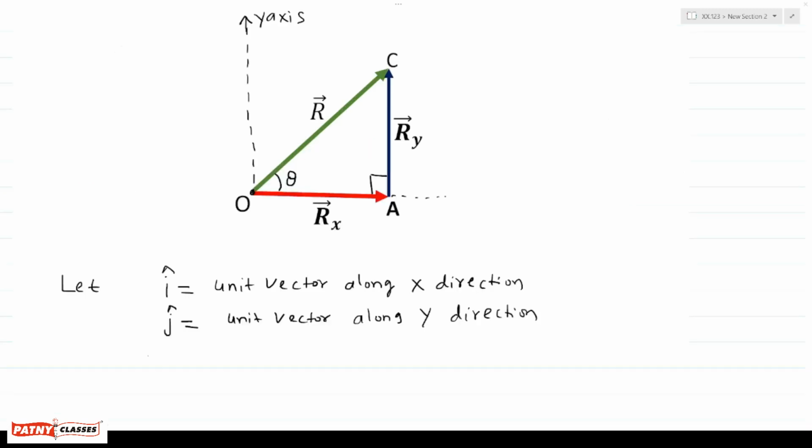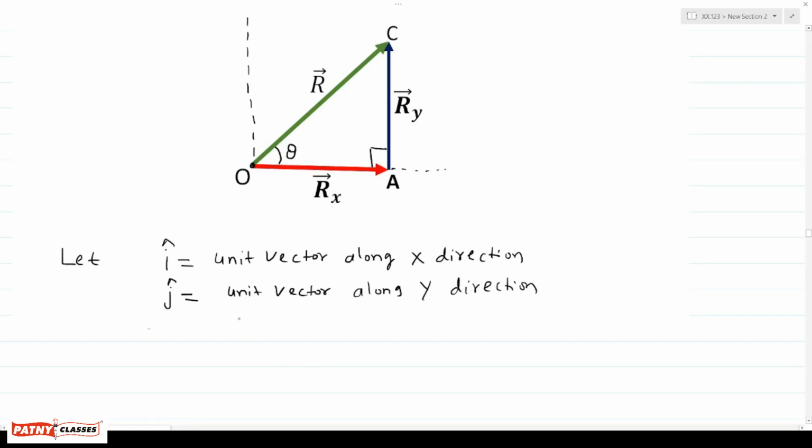Let i cap equal the unit vector along x direction and j cap equal the unit vector along y direction. Then we can write vector Rx equals i cap multiplied by Rx.